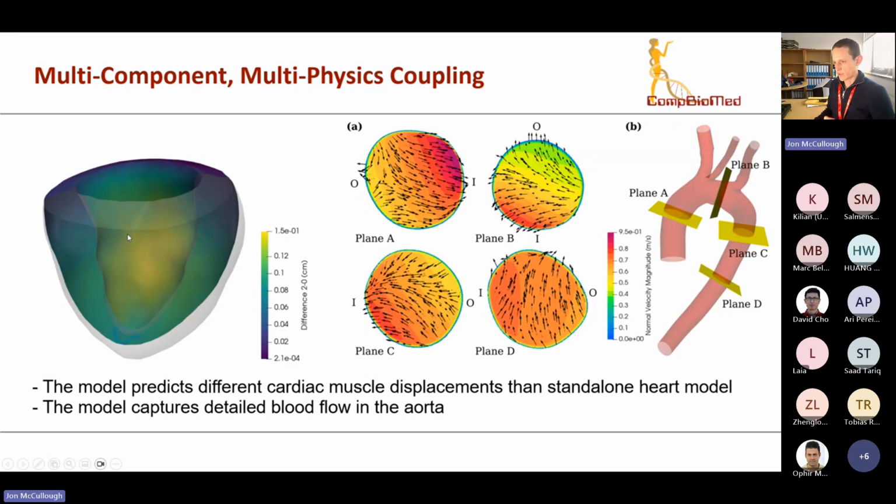And so what we're seeing is, as a result of actually having the 3D physical vessels being attached to the ALIA model, we're seeing differences in the cardiac muscle displacement compared to a standalone model. So you are seeing differences in the simulation outcomes by having a more realistic blood flow simulation and the coupling of the vessels as they would be in a human being.